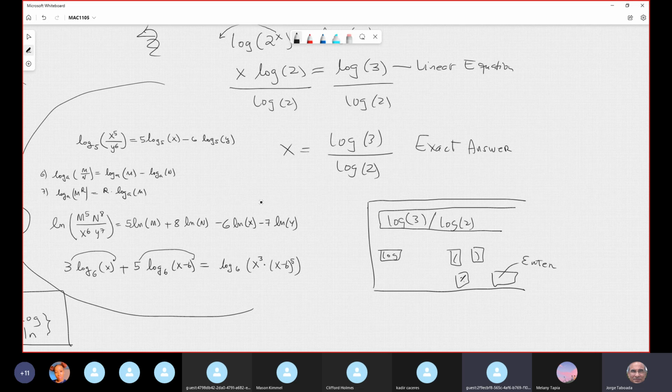In the display, you can see that number is 1.5849, and it continues. But I want only 4 decimal places.